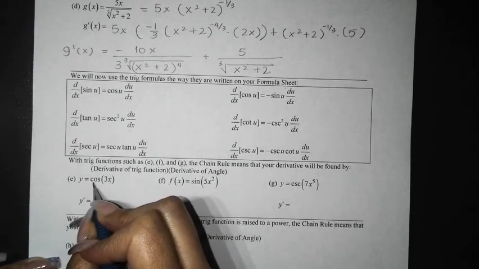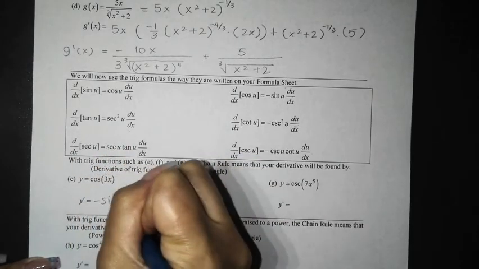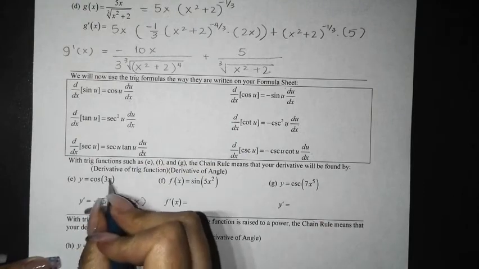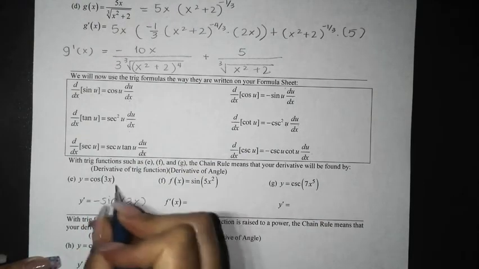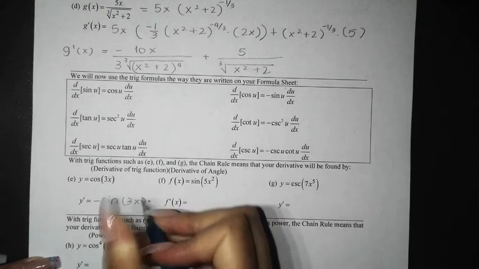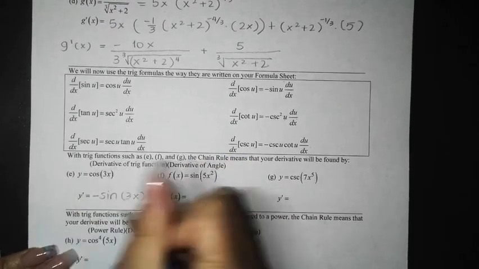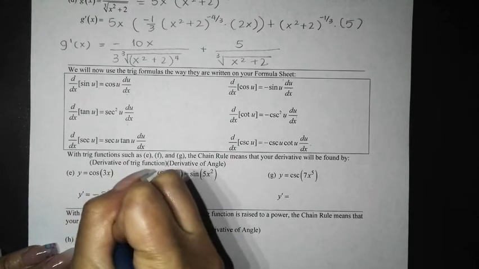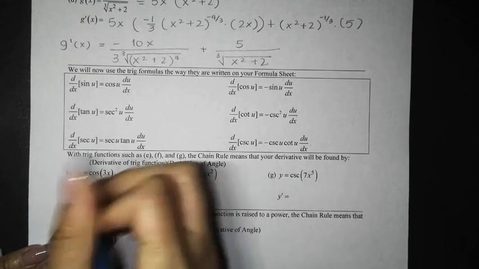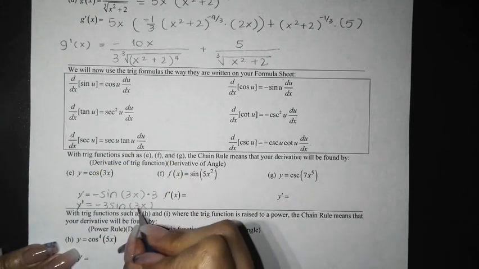First you do the derivative of cosine, which you know is negative sine, and you know that it's 3x, because this is your argument, so the argument stays the same. Now you need to multiply times the derivative of the argument. The derivative of the argument is, in this case, 3. So if you want to rewrite the situation, it would be equal to negative 3 sine of 3x. So that would be your y prime, if you want to make it pretty.